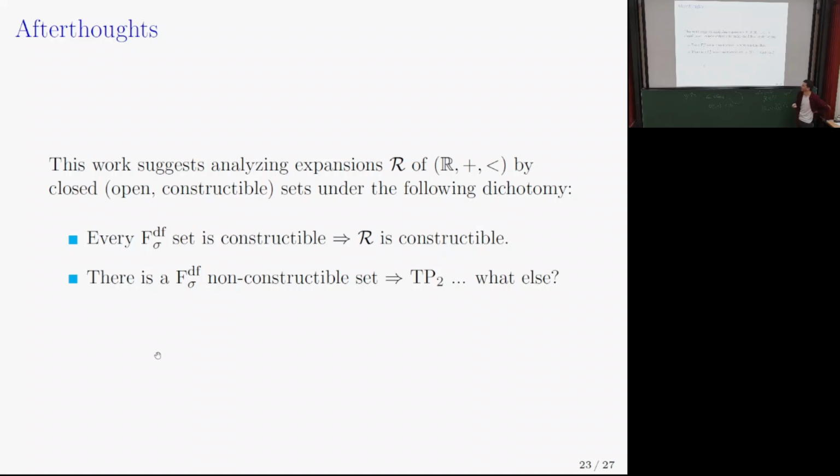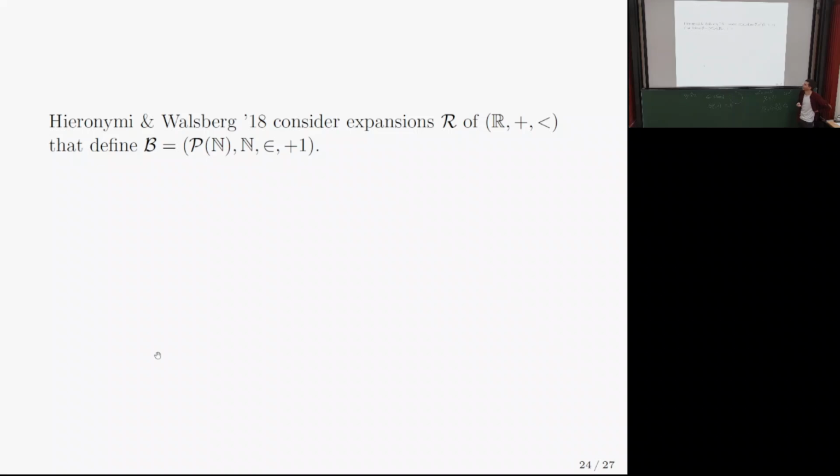And with that, I'm going to go back to the paper I quoted at the very beginning. So Philip and Eric consider expansions of the real ordered group that define this two-sorted structure here. It's called the monadic second-order theory of the naturals with addition.